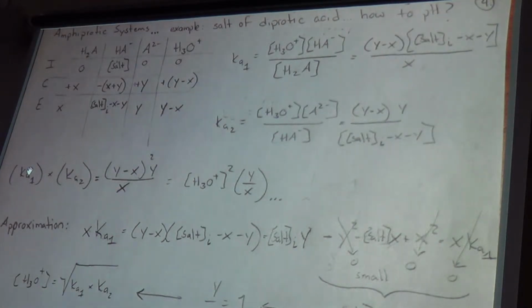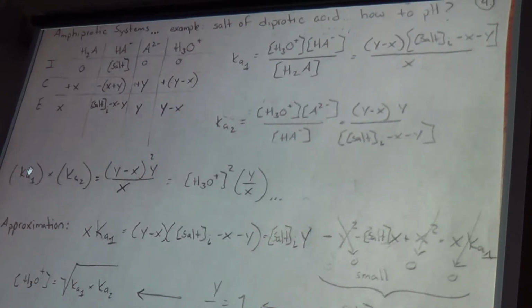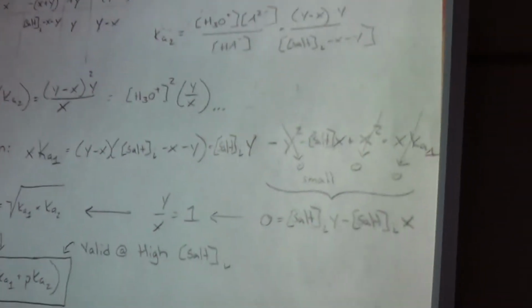We can then write out Ka1 and Ka2 in terms of those equilibrium concentrations, and we get the two expressions on the right-hand side of the screen.